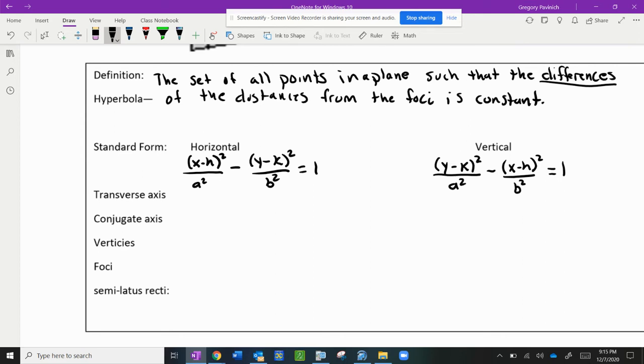Okay, we have two axes. We have the transverse, and we also have the conjugate. The transverse axis is from vertex to vertex. And the conjugate, I'm just going to say the other distance.